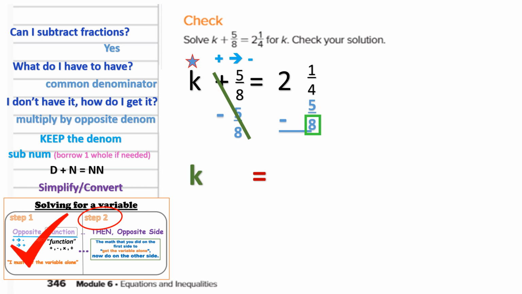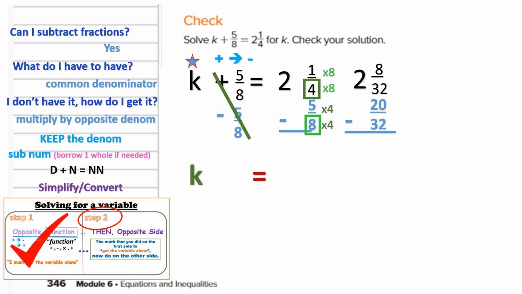Common denominator of 8. So I'm going to multiply by 8s from the bottom to the top. And I end up with 1 times 8, which is 8, and 4 times 8, which is 32. Keep my whole number of 2. At the top, I have a 4, so I'm going to multiply by 4s, and I have 8 times 4, which is 32 again, and 5 times 4, which is 20.